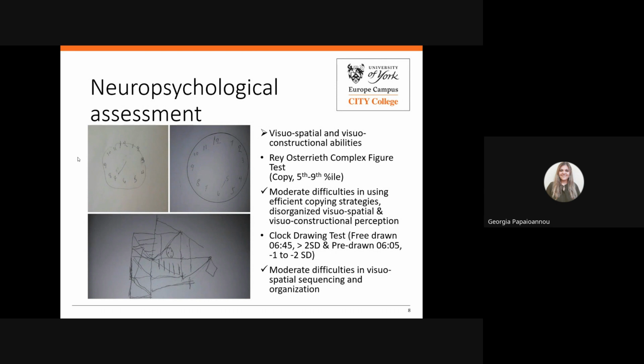On the pre-drawn condition, they have the contour of the clock ready, and they just need to add the numbers and the hands, indicating this time the hour of 5 minutes past 6. And we can see what type of difficulties this person has in this test as well.